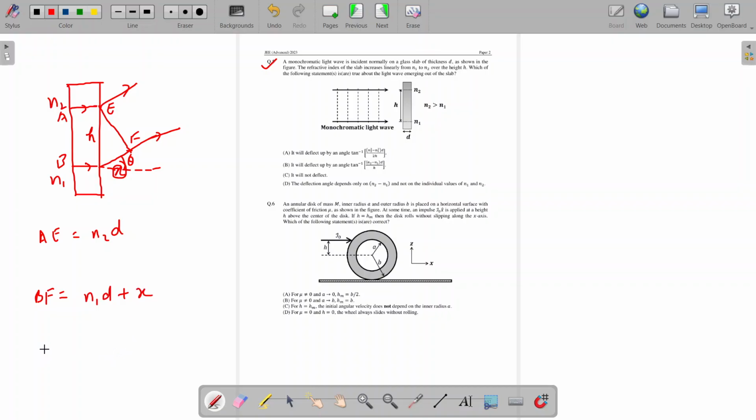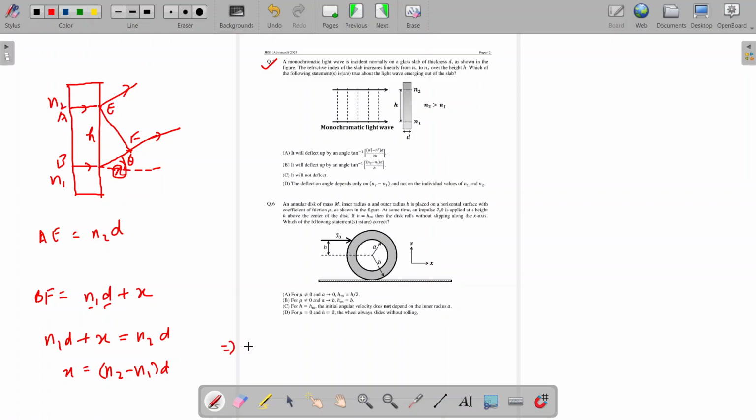So we multiply the geometric distance with refractive index to get the optical path. So these two distances have to be equal. That is N1 d plus x should be equal to N2 d, or x has to be equal to N2 minus N1 into d.